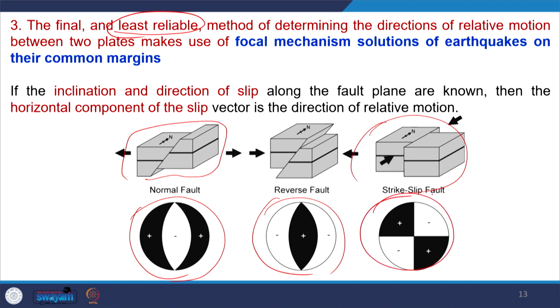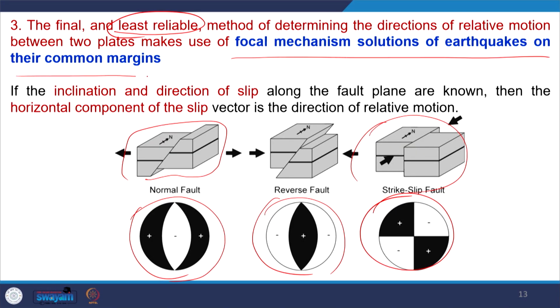And why is this fault plane solution used? Because at a divergent plate margin we have different types of faults, particularly normal faults and strike slip faults. But as you move towards the pole, only normal faults dominate, with no more strike slip faults. That is why the focal mechanism solutions of earthquakes at the margins are used to determine the pole position.